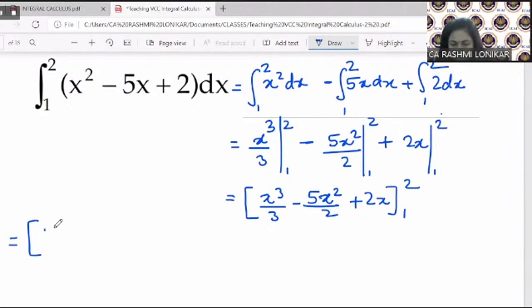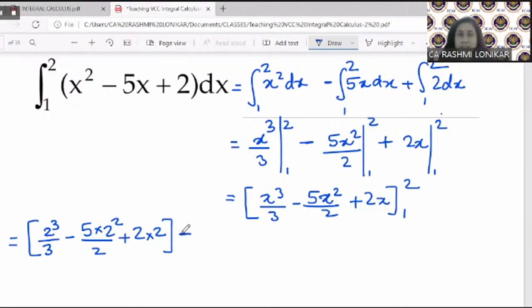So 2 cube upon 3, instead of x I am writing 2, minus 5 into 2 square upon 2, plus 2 into 2. There is a minus sign. From this, I subtract what? I subtract this. So this is 1 upon 3, 1 cube is 1, minus 5 upon 2 plus 2. Okay, because everywhere x is 1.